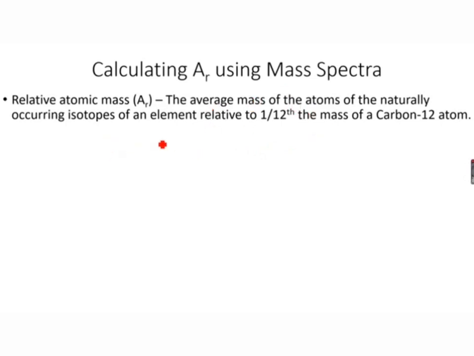So for example, we have chlorine. Chlorine has two isotopes, which are Cl35 and Cl37. Both of these isotopes have different abundances in nature. The percentage abundance of the chlorine 35 isotope is 75%, and the percentage abundance of the Cl37 isotope is 25%.